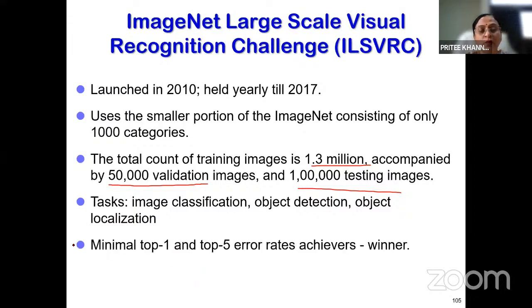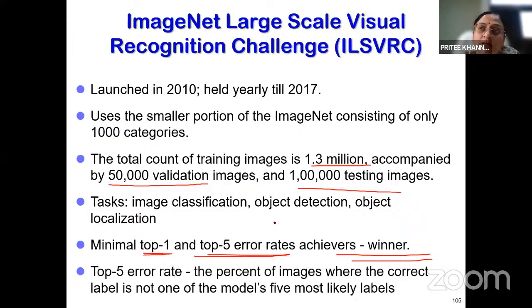The criteria to choose the winner is minimal top 1 and top 5 error rates. What do we mean by top 5 error rate? It is the percentage of images where the correct label is not one of the model's 5 most likely labels. So that is your top 5 error.